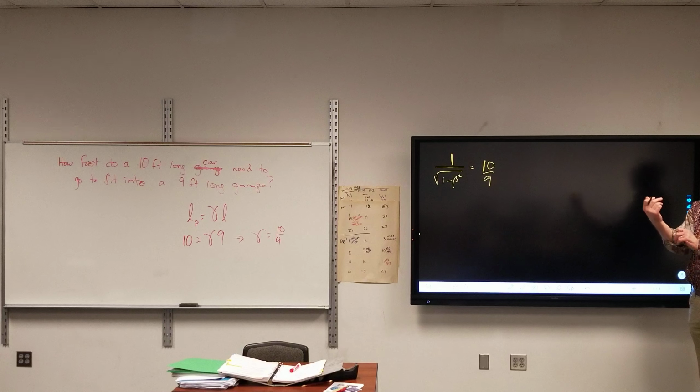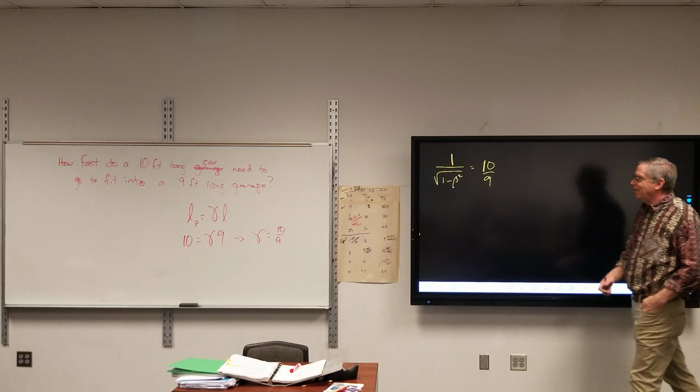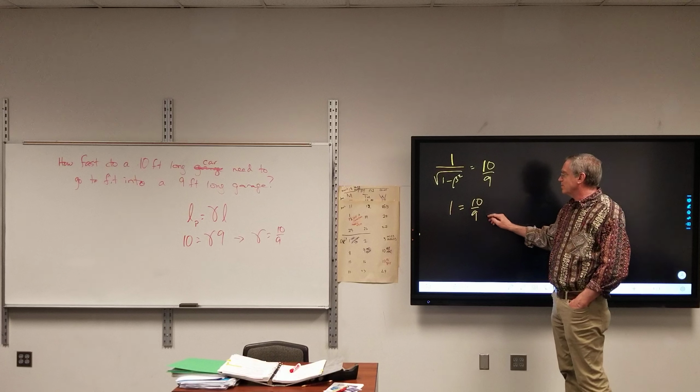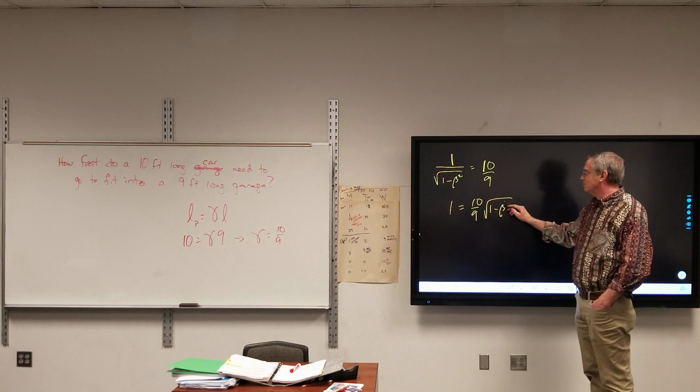What do you do? I would multiply the whole denominator over the other side. Okay, so 1 is equal to 10/9 times the square root of 1 minus beta squared.